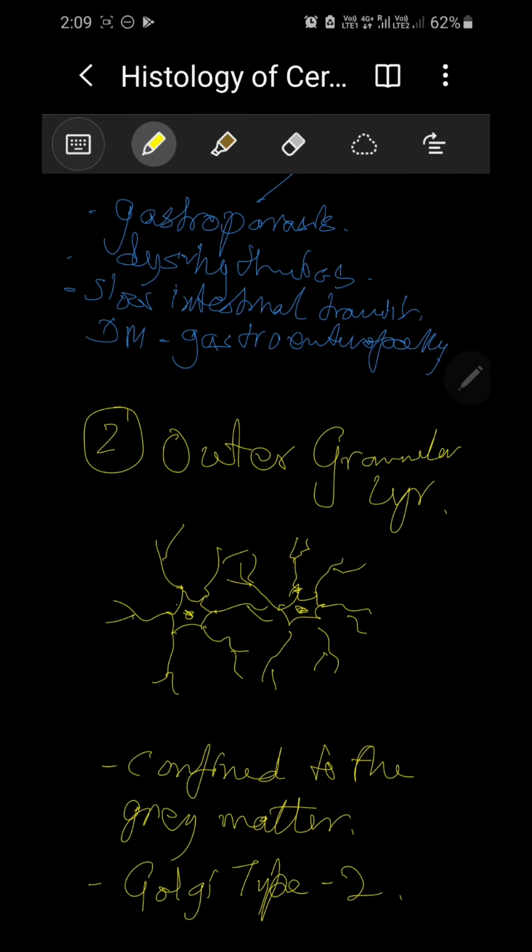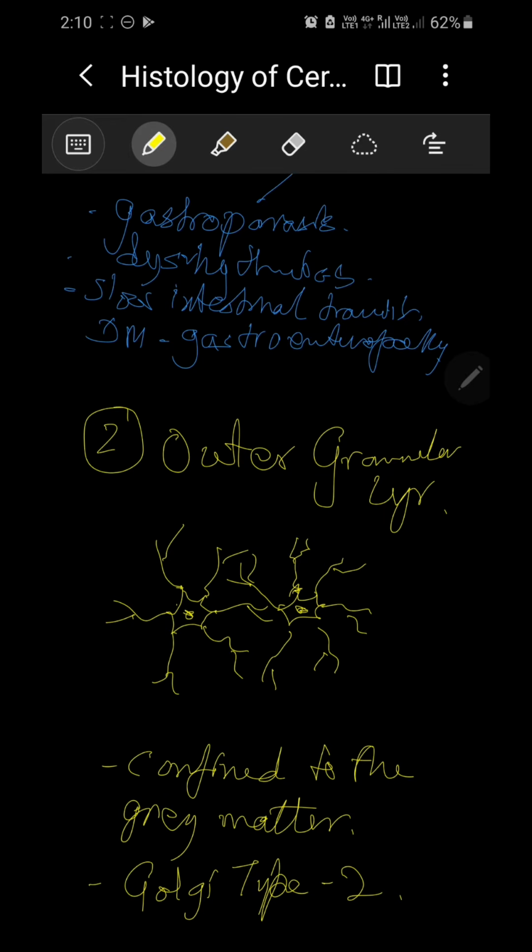Remember, going back to my first lecture on the types of neurons, both Golgi type 1 and 2 are multipolar neurons. Golgi type 1 had a long axon with small dendrites, reaching into the white matter, forming part of the white matter or of the peripheral nervous system.